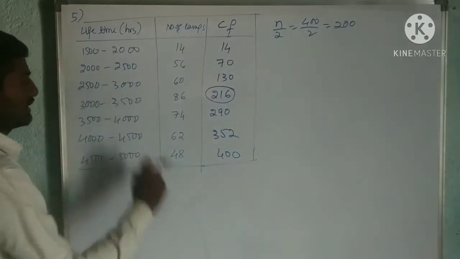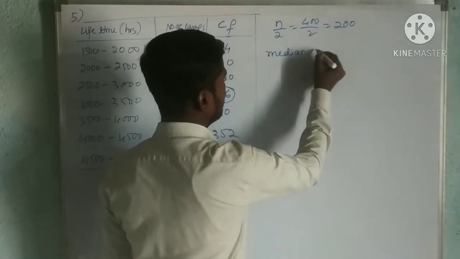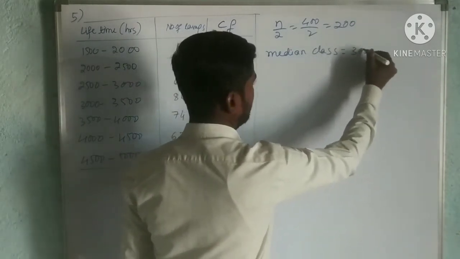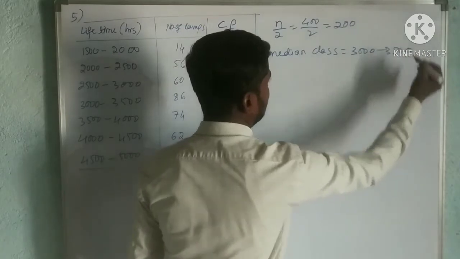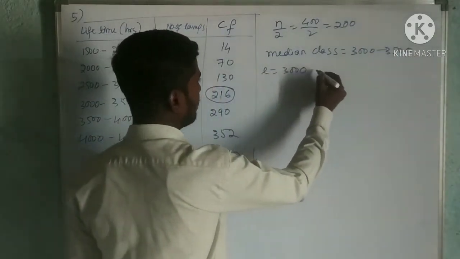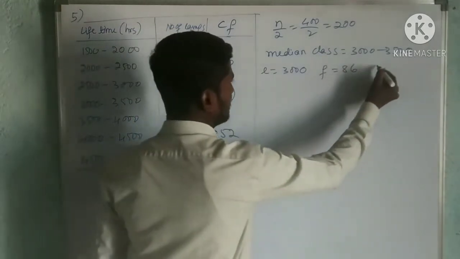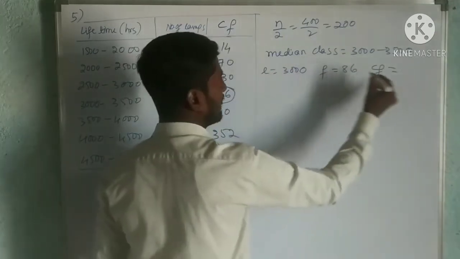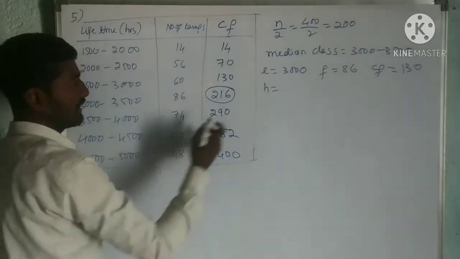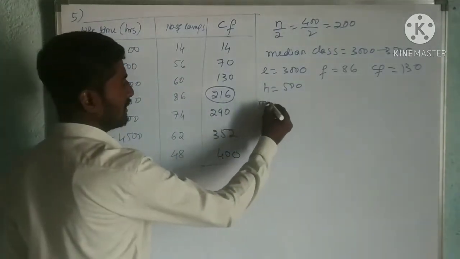Therefore, the median class will be 3000 to 3500 hours. Now L is equal to 3000, F is equal to 86, CF is 130. H is the class difference, which is 500.